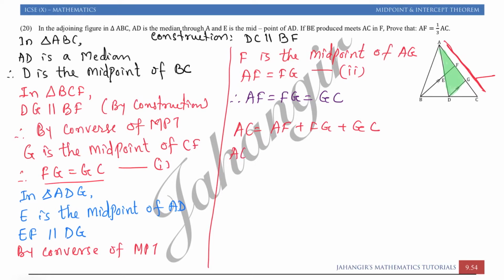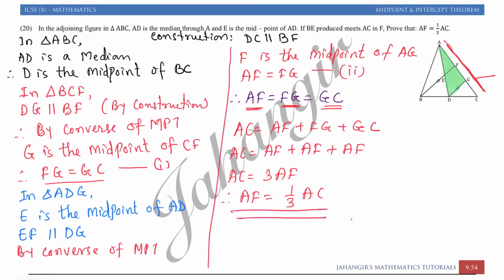Since FG is equal to AF and GC is also equal to AF, we can write AC is equal to 3AF. So therefore AF is equal to 1/3 AC. Just cross multiply 3, you will get the answer.